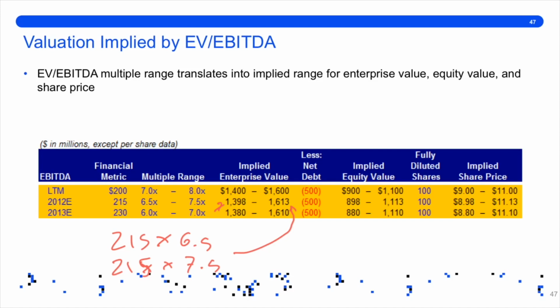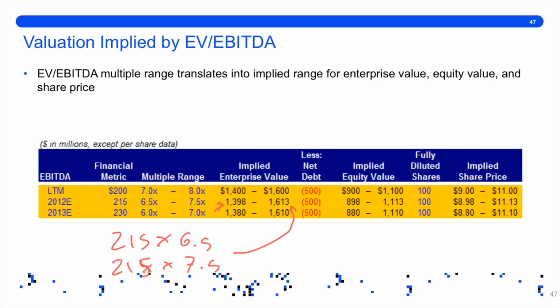Is this first step clear? Yes or no? Okay. Now, of course, remember that the enterprise value is equity plus debt, but I'm not buying the debt. I'm only buying the equity. So I need to go from the enterprise value to the equity value. So I take the net debt.